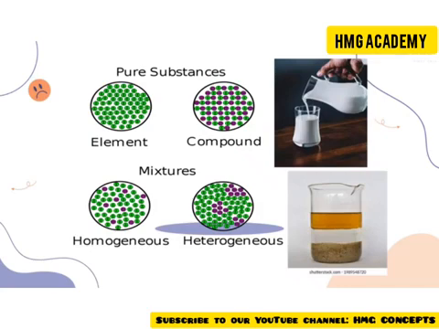Now, for heterogeneous, the mixtures do not mix completely. In that, imagine you having rice and beans or sand and water. You can easily see the sand. You can easily see the rice or the beans.